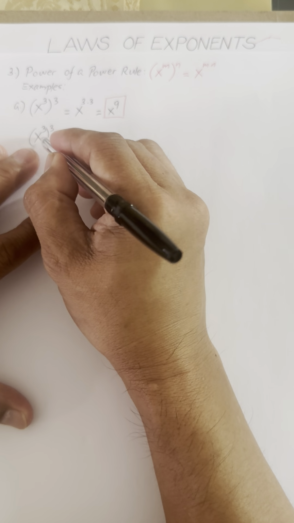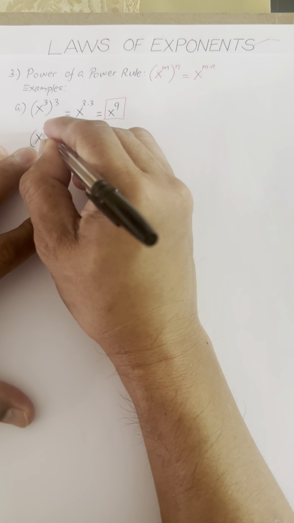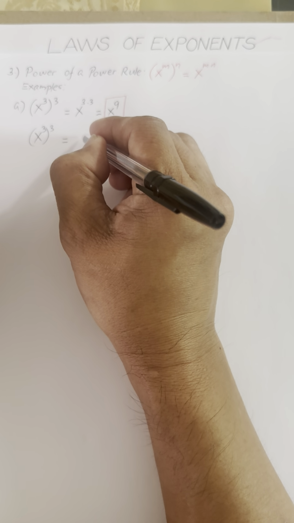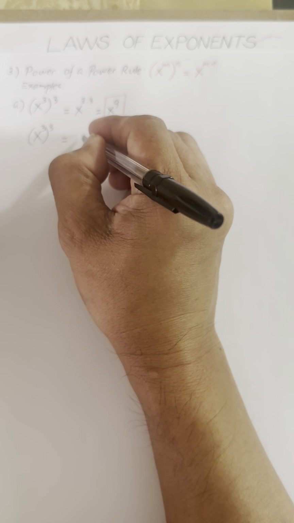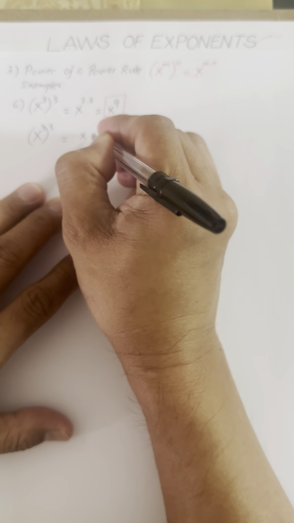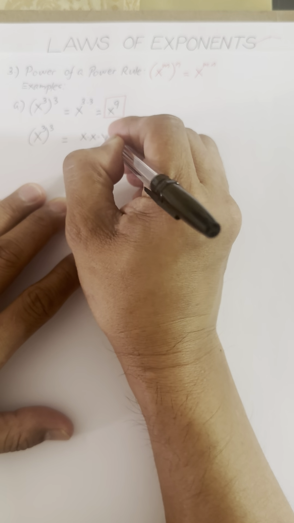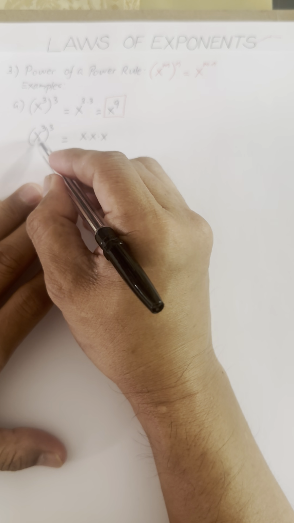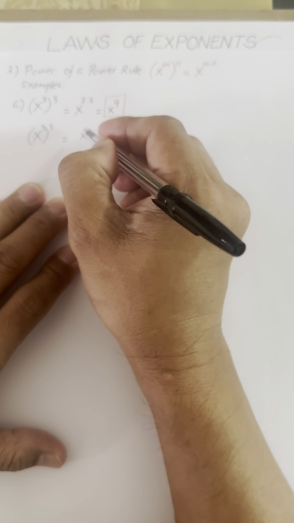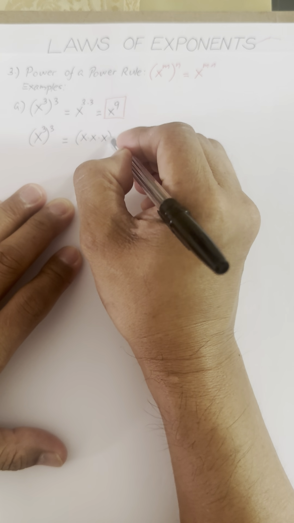Alright, so x to the power 3 means that you have 3 x's, x multiplied 3 times by itself. So we have x times x times x. This is what is meant by x to the power 3. And then we have another power outside, so we have something like this.